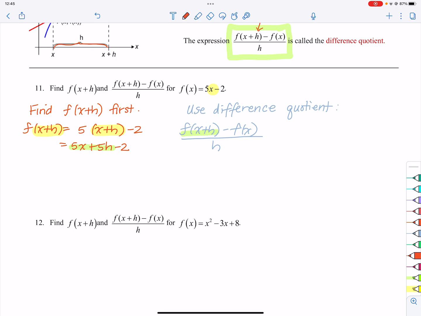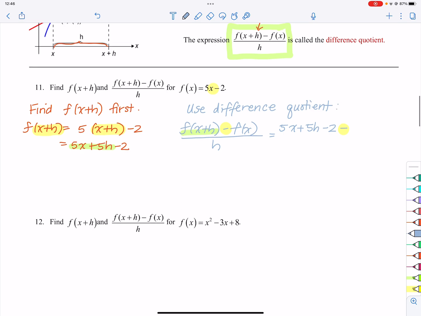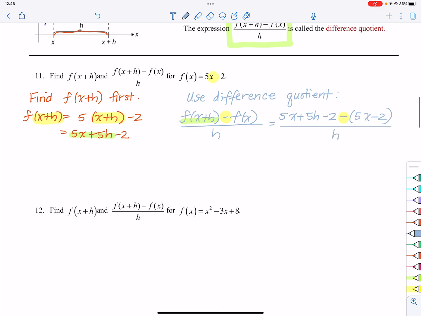So that is equal to 5x plus 5h minus 2. Now we're going to subtract f of x, which is 5x minus 2. And then we're going to divide all of that by h.